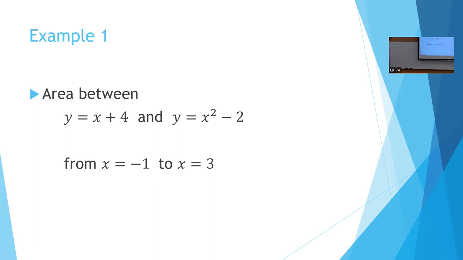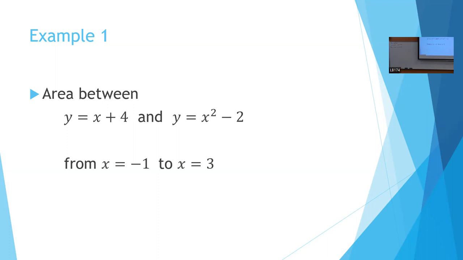Now, the first thing I want to ask myself is, in that region between -1 and 3, which one of those curves is above the other? You can do this algebraically by plugging in values.